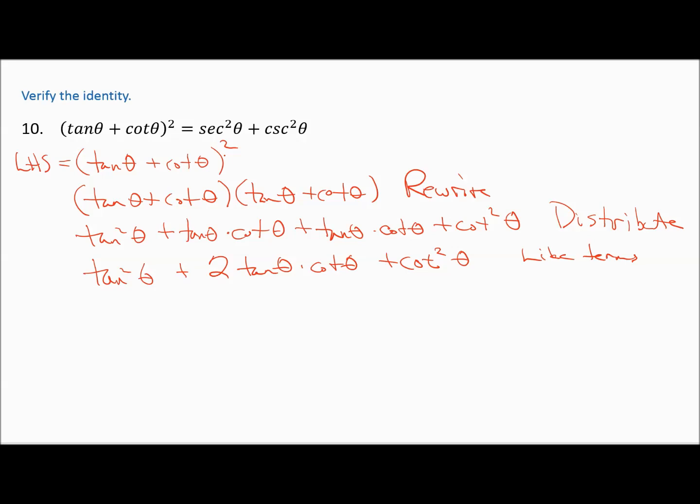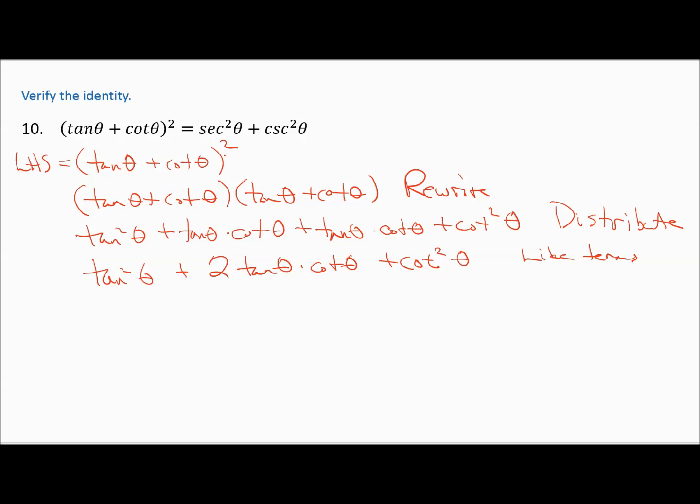In other words, there's a Pythagorean identity for tangent squared in terms of secant squared, and there's a Pythagorean identity for cosecant squared in terms of cotangent squared. We could go that route, or we can change everything to sine and cosine. It's probably faster if we don't change everything to sine and cosine.